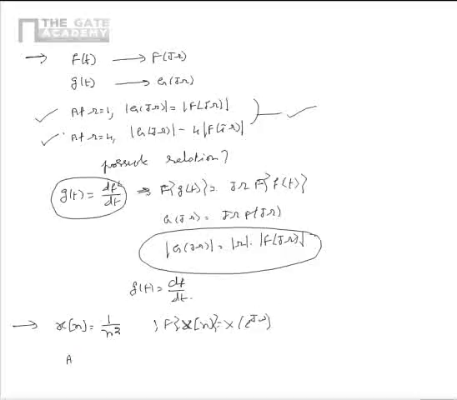There are four options given, which are 2 plus 3j, 1 plus j, none of this. We have to find which of the options given wouldn't correspond to a value of X of e power j omega.